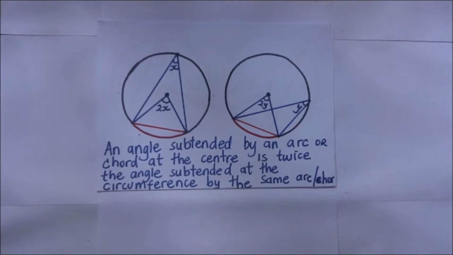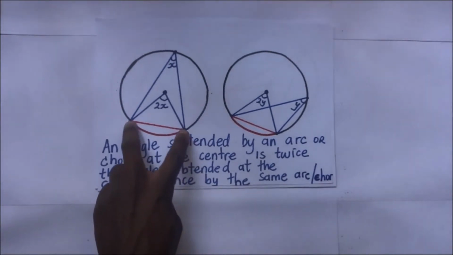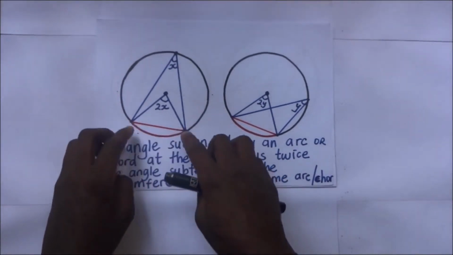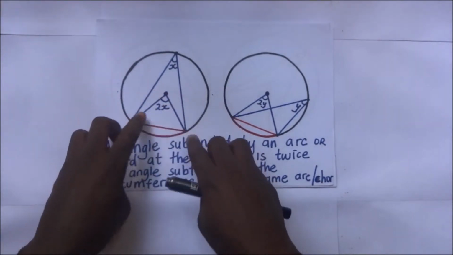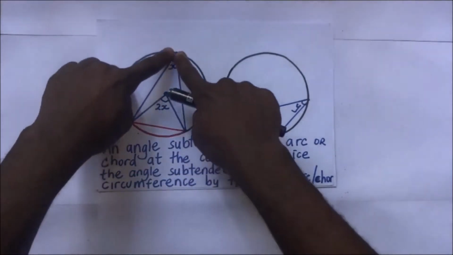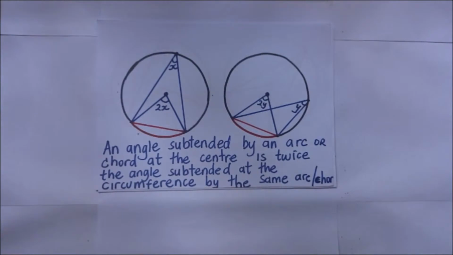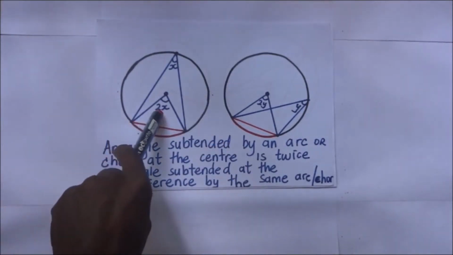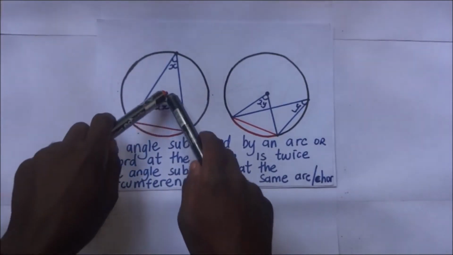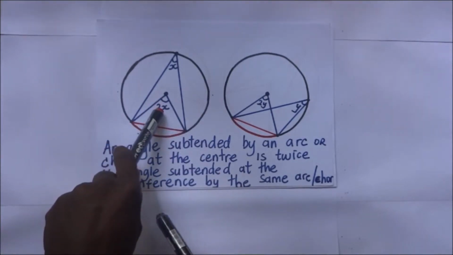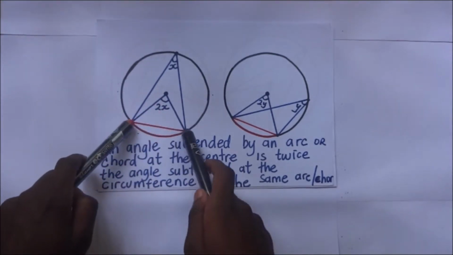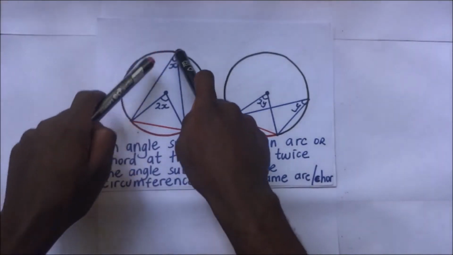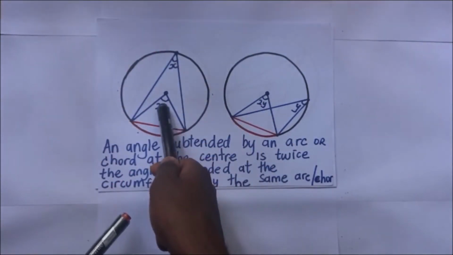In this next property, we are looking at an angle subtended by the same chord. One angle is subtended at the center, and the other angle is subtended at the circumference. We are saying that if the angle subtended at the center is 2x, then the angle subtended by the same chord at the circumference is going to be half of that.